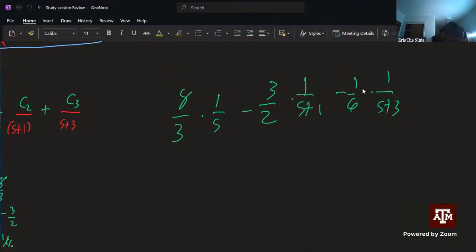So that would just be 8 over 3 minus 3/2 e to the minus t, because of that plus 1, and then minus 1/6 e to the minus 3t.